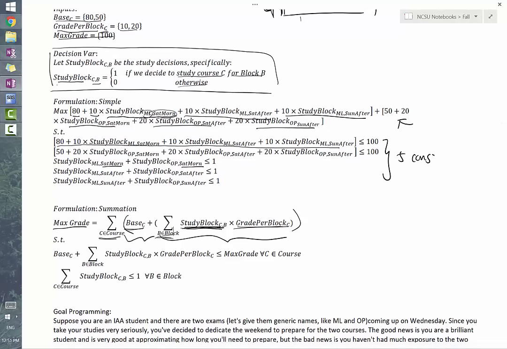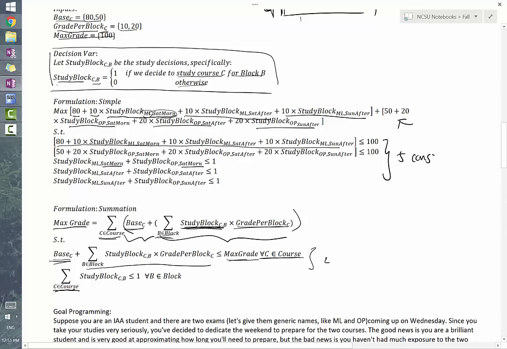Your constraints are actually simpler now. You only have to write 2 of them. One is your base grade for every course. So for every course, your base grade plus the grades you gain have to be less or equal to the maximum grade. And that, once again, here's the essence.